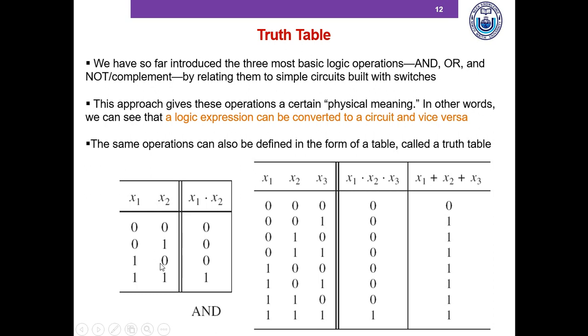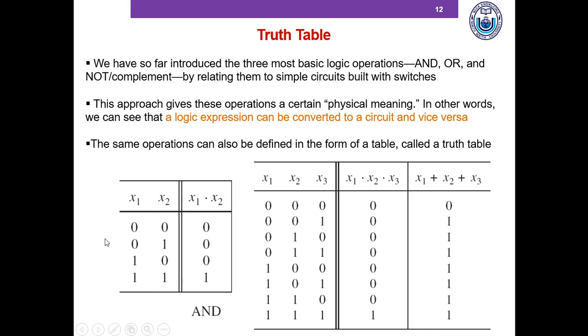In the third row, the value of x1 is 1 and the value of x2 is 0. The binary number 10 is 2 when converted to decimal, so this is the 2nd row of the truth table. In the fourth row, the values of x1 and x2 are both 1. The binary number 11 is 3 when converted to decimal, so this is the 3rd row of the truth table.